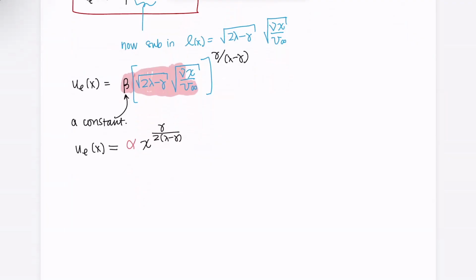We could also think of this as u_e of x equals some constant c times x to the m.